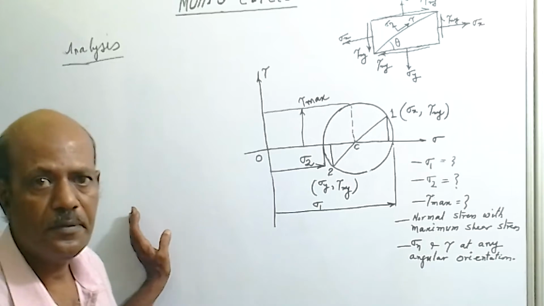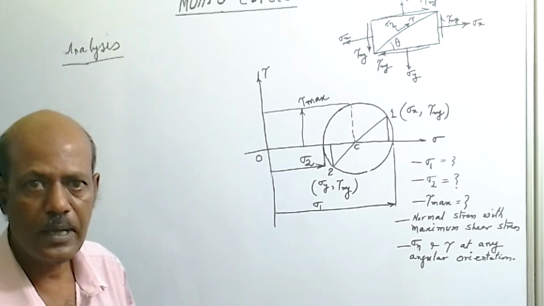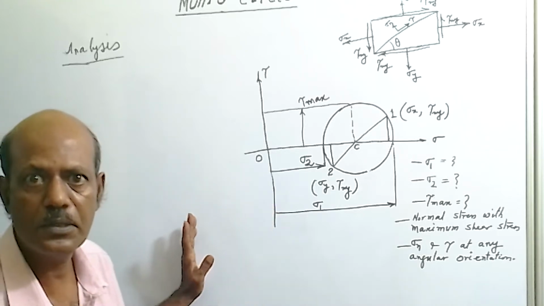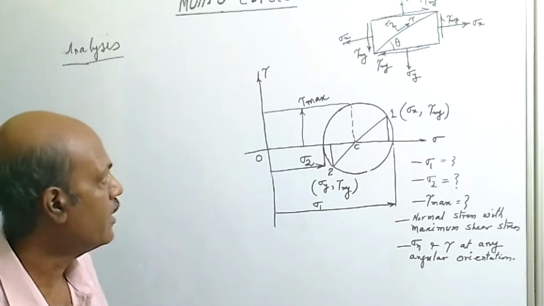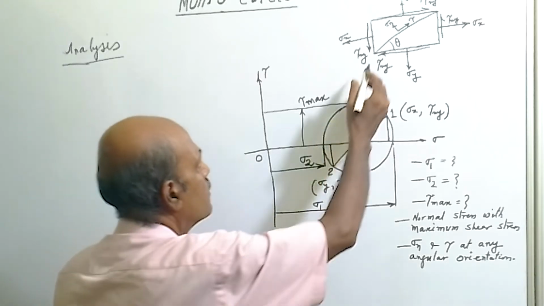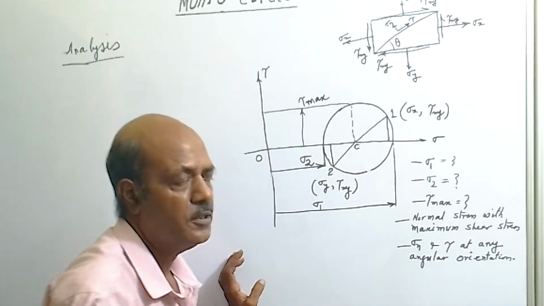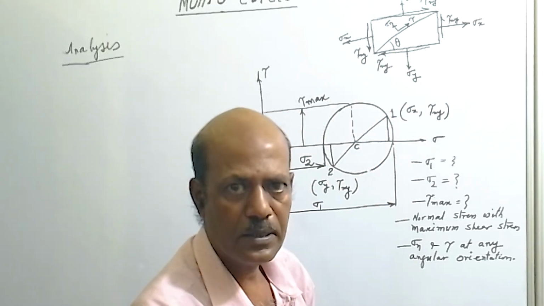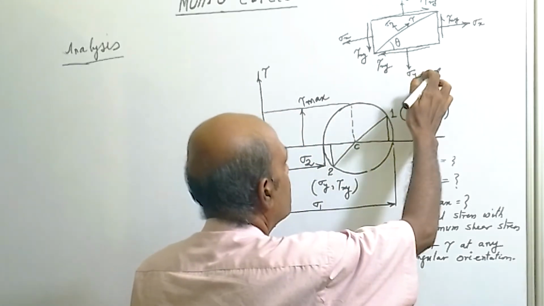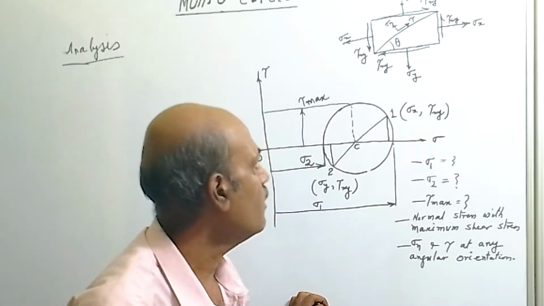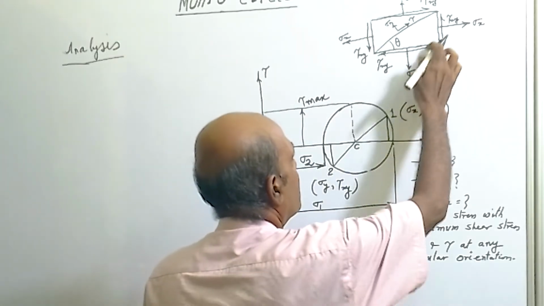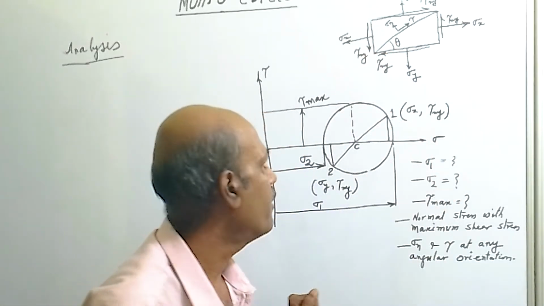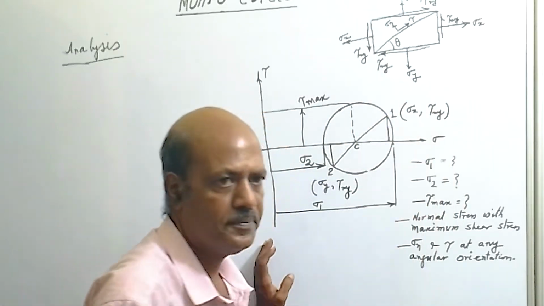So we have seen how to construct Mohr circle and how to find the various elements whatever we can come to know from this Mohr circle. Today we will see analytically. Now this is the stress condition or stressed body, in which it is seen that along x-axis sigma x stress is acting, along y-axis sigma y stress is acting, as well as tau xy shear stress acting on x face in anti-clockwise direction, and on y face it is in clockwise direction.